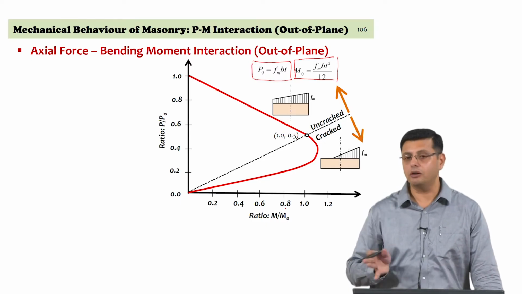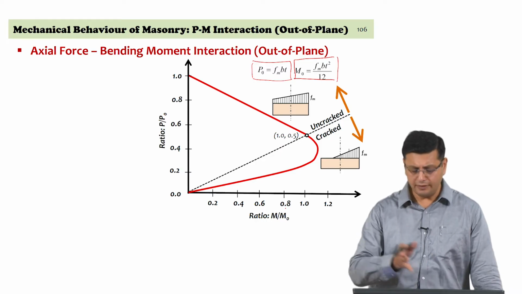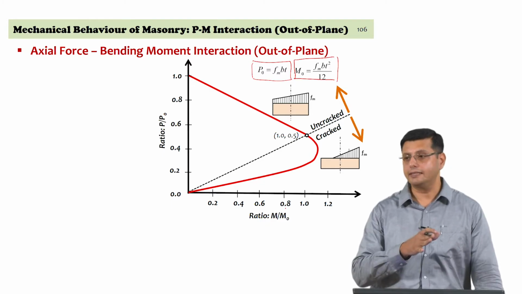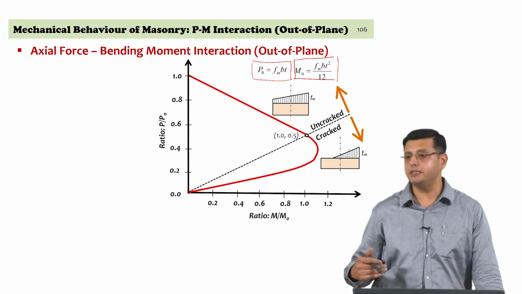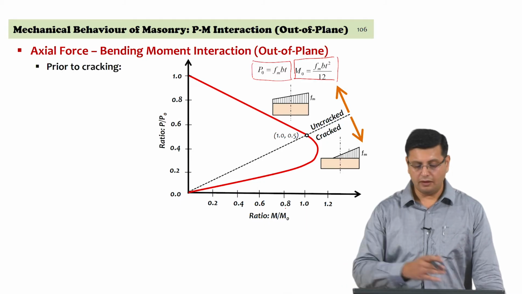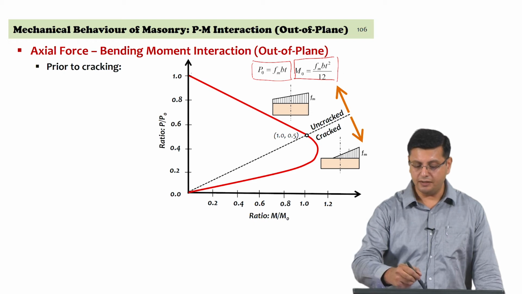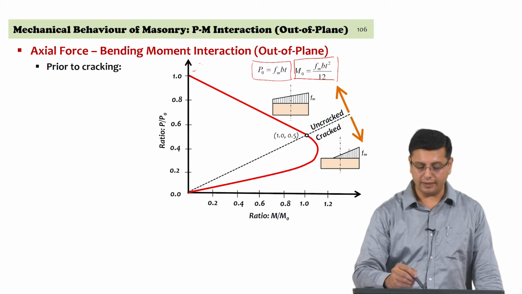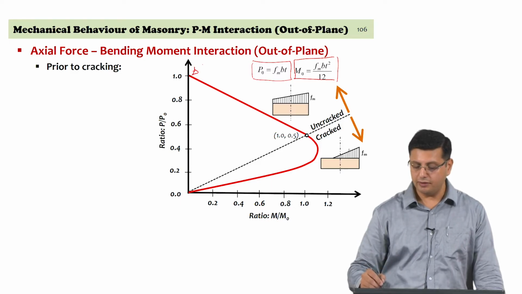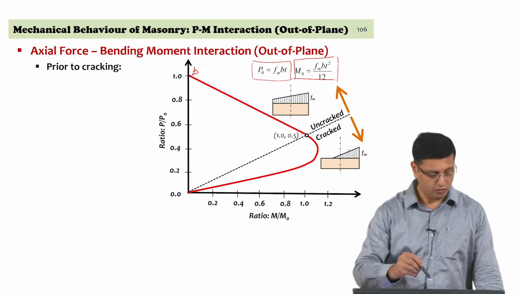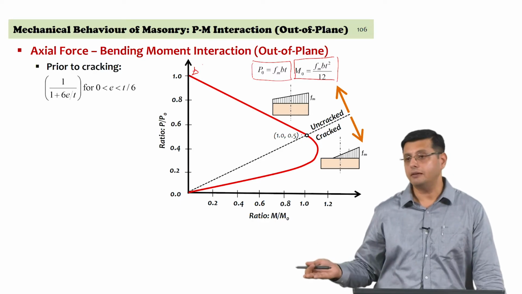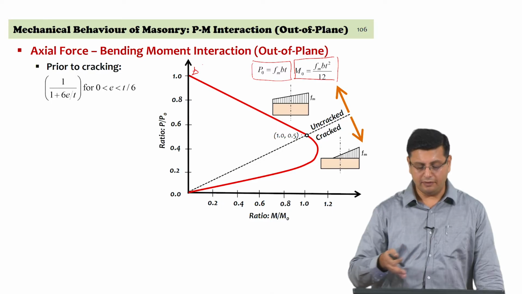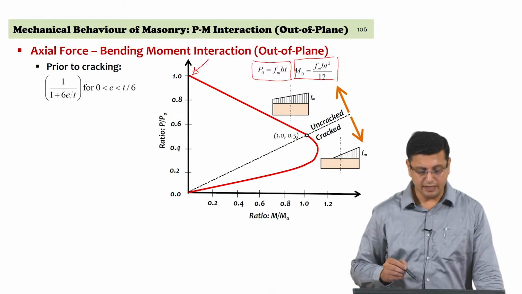This can be developed based on three important zones in the interaction surface. The first one is where the entire section is in compression, and we have developed these equations earlier. Prior to cracking, this is the straight line that you see from a value of P over P naught equal to 1, from this point all the way up to when the wall starts cracking. So, we are looking at a situation where the eccentricity of the axial force is less than t by 6, the classical expressions that we have seen earlier.